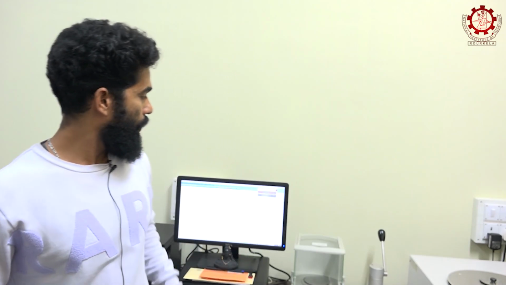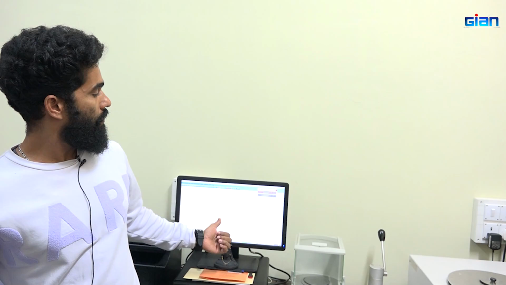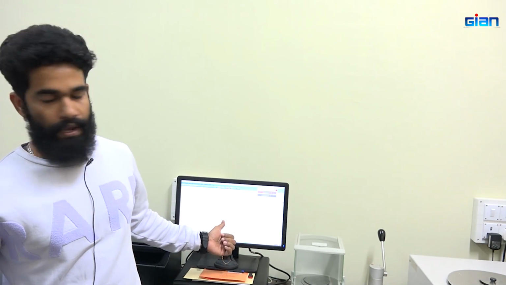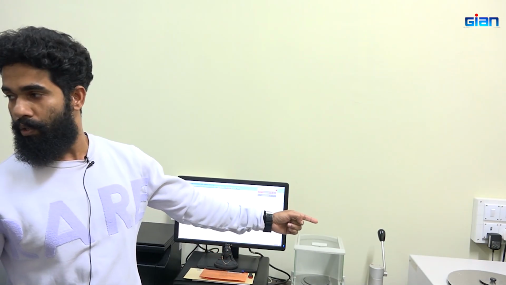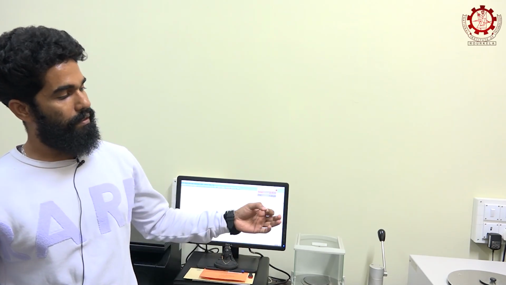Inside the instrument there is a microcontroller and a heating sensor. Here we set the program and give the instruction to the microcontroller, and the microcontroller will give instruction to the sensor. Then accordingly the furnace will work.